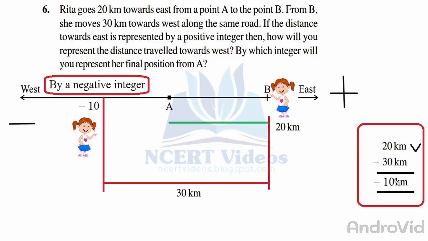So minus 10 kilometers. Therefore, the answer is minus 10 kilometers. We have to represent it by a negative integer. You can also see in the graph, she moves from A to B 20 and then she moves back, but she moves an extra 10, therefore 10 in negative.